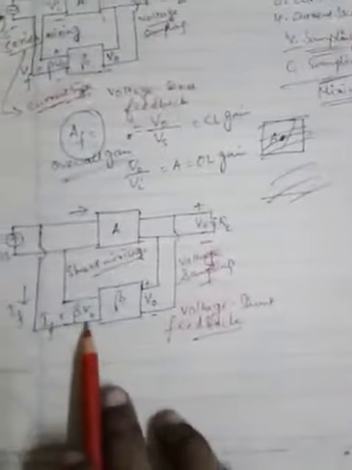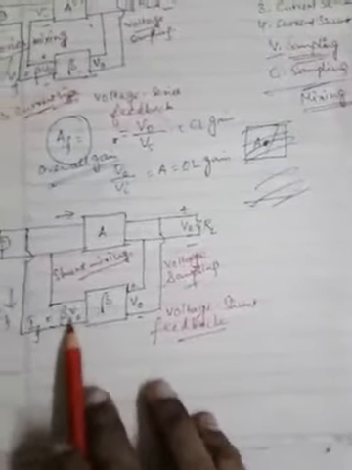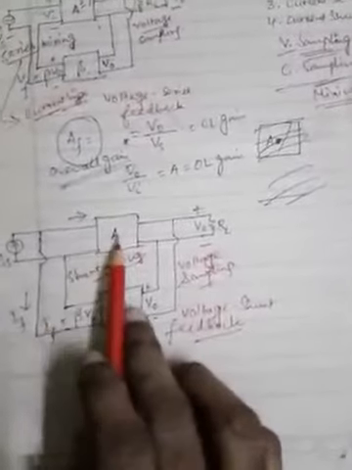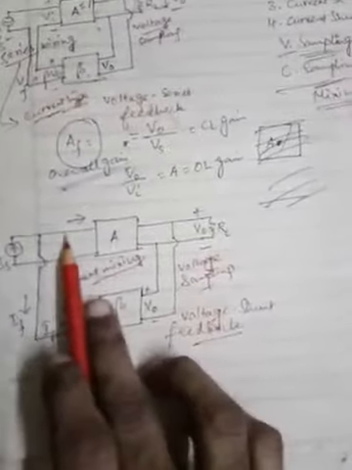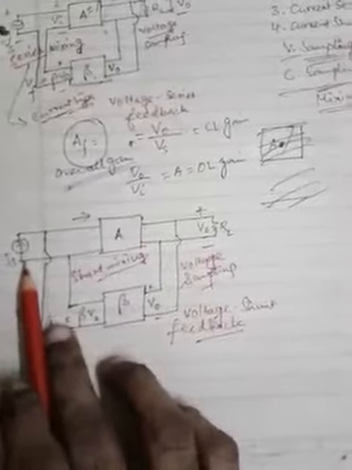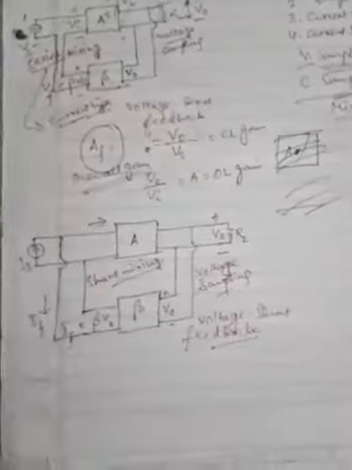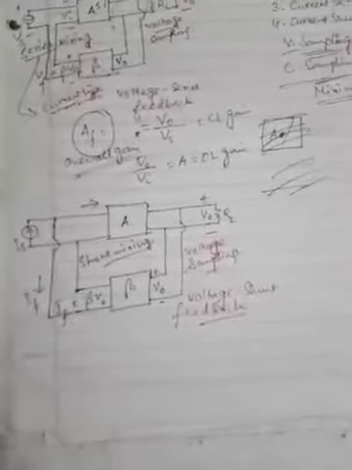But here we don't have that opportunity to feed back the output of the beta network or the feedback network to the input of the basic amplifier in terms of voltage, because we have connected a current source, not a voltage source.